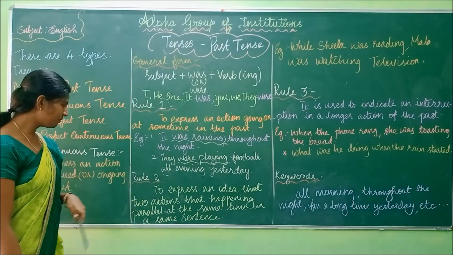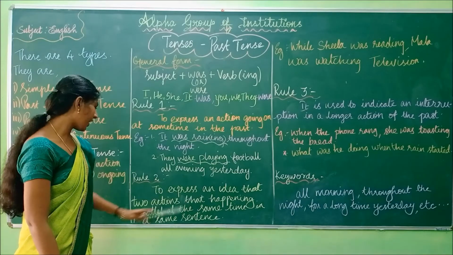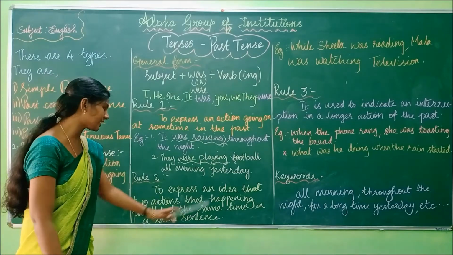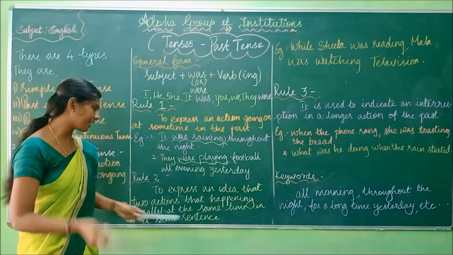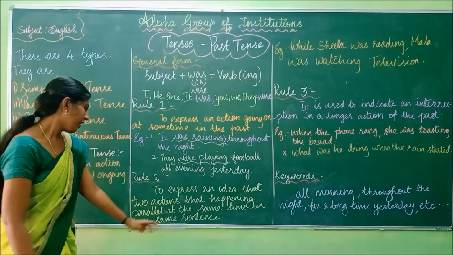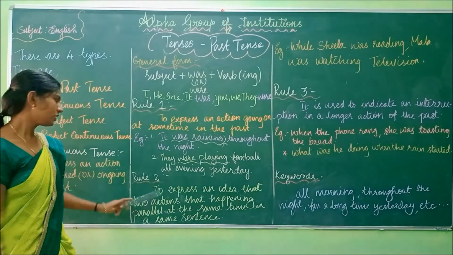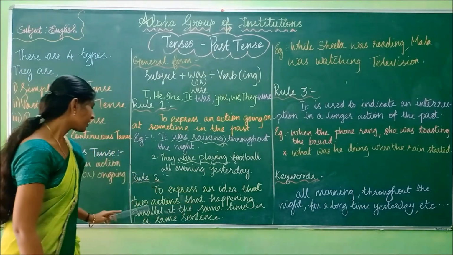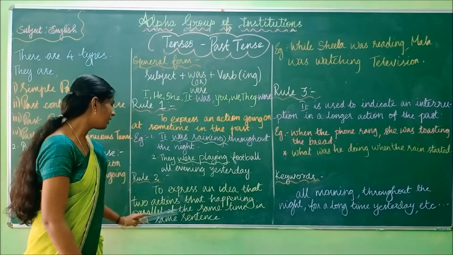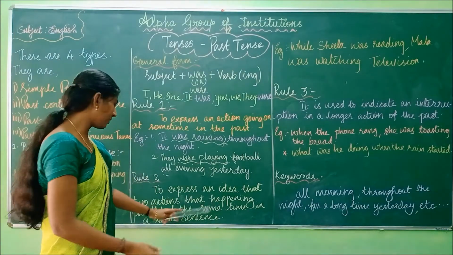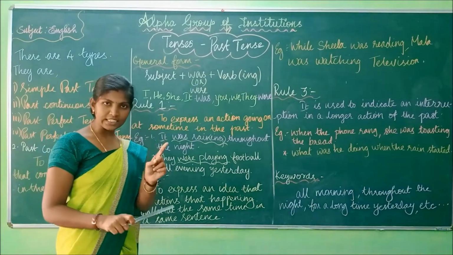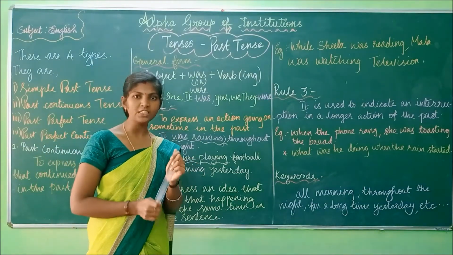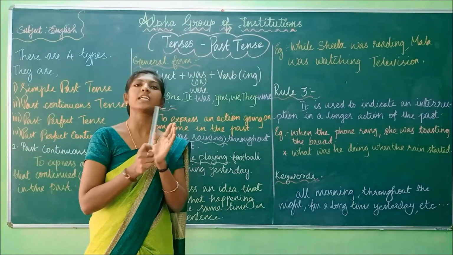See the next rule. To express an idea that two actions are happening parallel at the same time in the same sentence. So in the same sentence, in the same situation, when two things are happening at the same time.